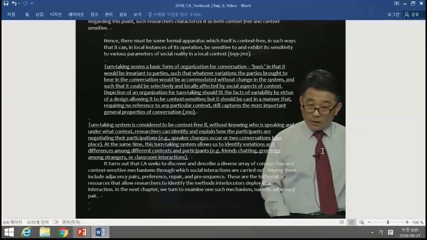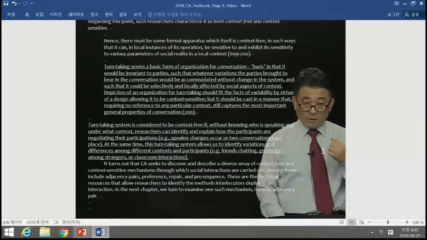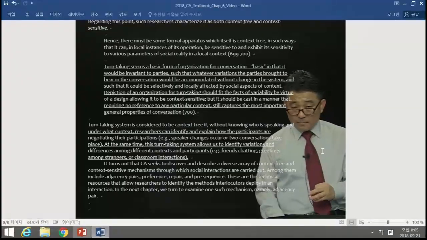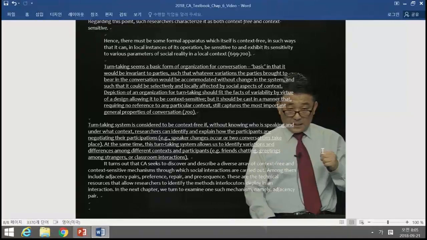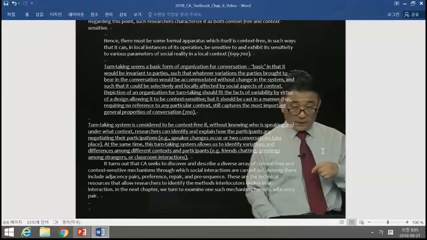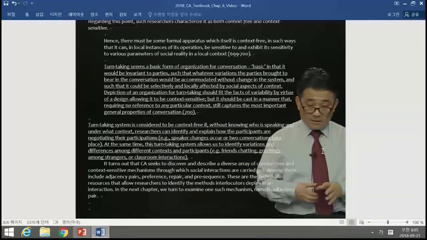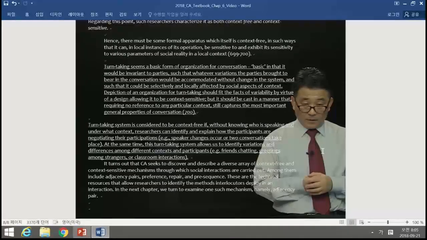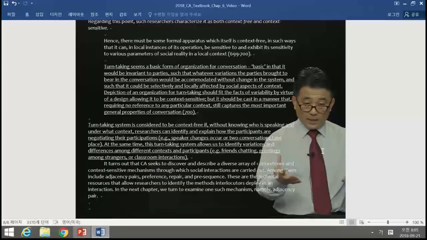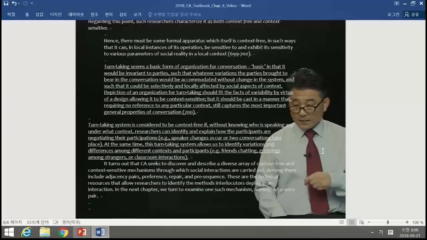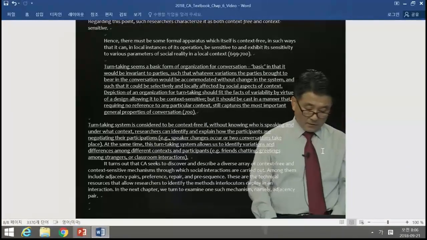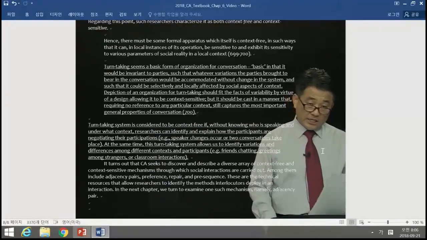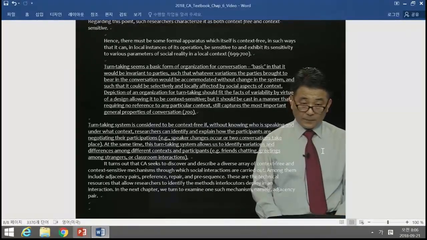Then other researchers found preference, adjacency pairs, and so on. So in this chapter, in this book, we'll examine a few of those mechanisms so that you can use them to analyze the distinctive data that you're going to work with. Okay? So next class, we're going to talk about adjacency pairs and preference. Thank you.